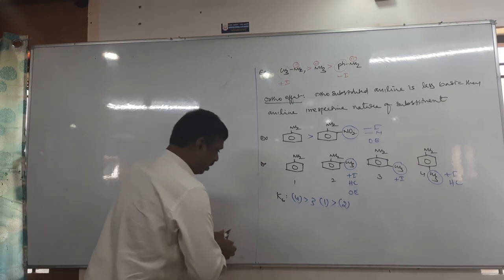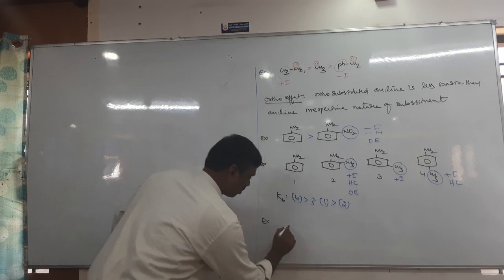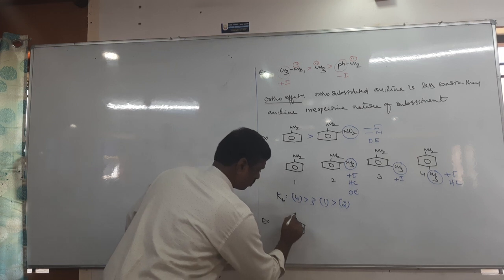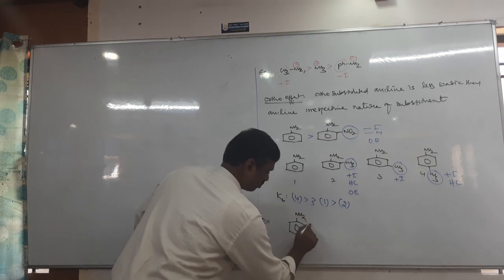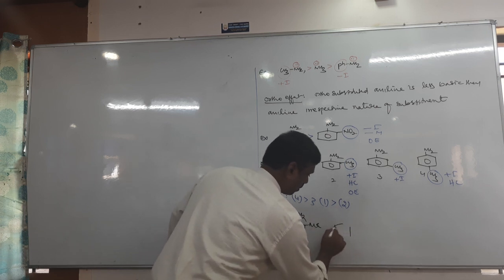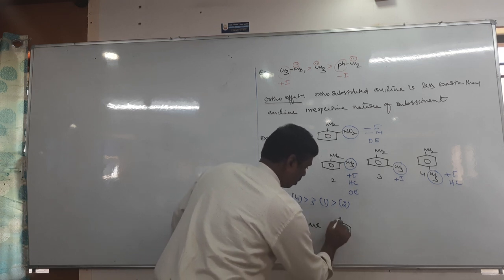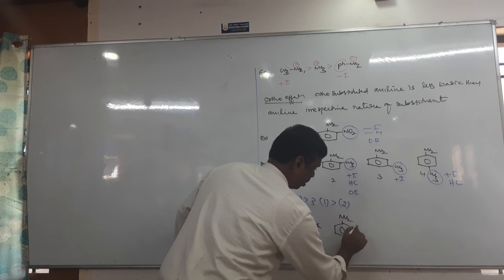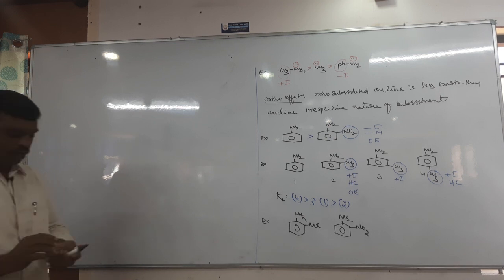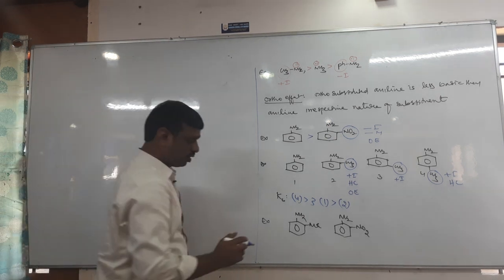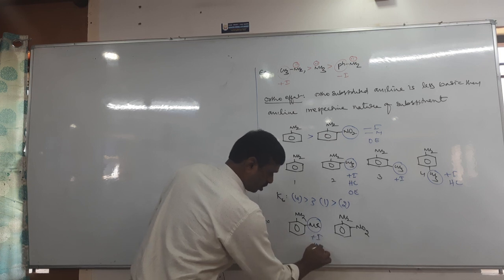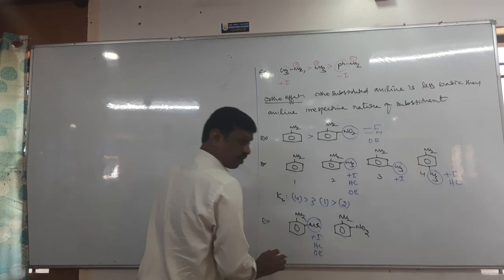Next, one more example. Me is methyl: ortho-methyl aniline and ortho-nitro aniline. Tell me, which is more basic? Here the methyl group has plus I, hyperconjugation, and ortho effect.